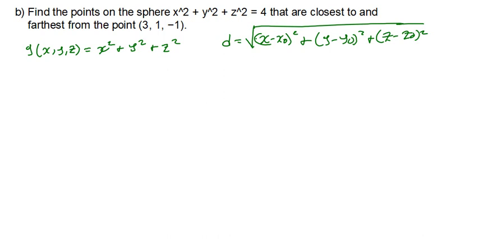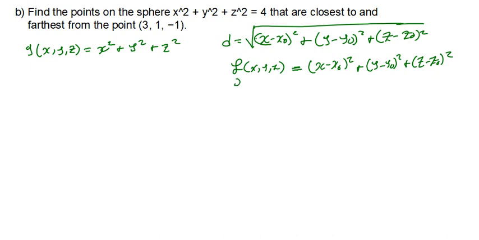I'm just going to say it will be my f of x, y, z, which is going to be equal to everything that's inside without the root there. So that would be my (x minus x initial) squared plus (y minus y initial) squared plus (z minus z initial) squared.